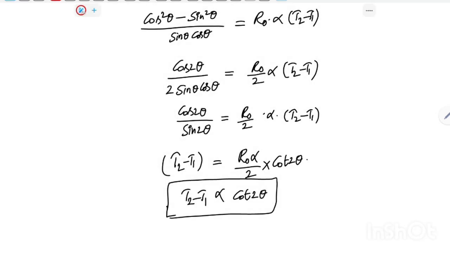Let me write with a separate color. So this is proportional. Okay, this is the proportionality symbol, and this symbol is alpha. Okay, so don't get confused between this letter and this symbol.